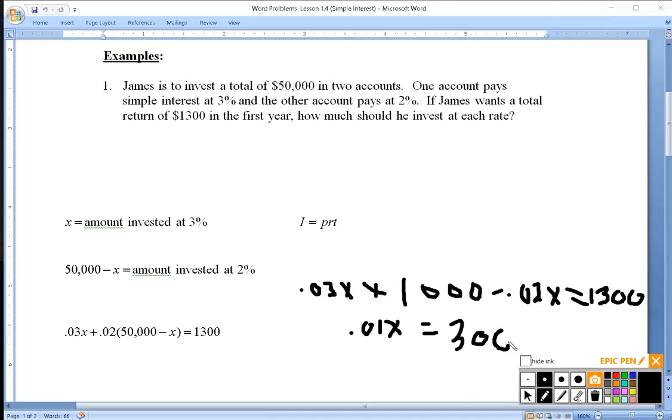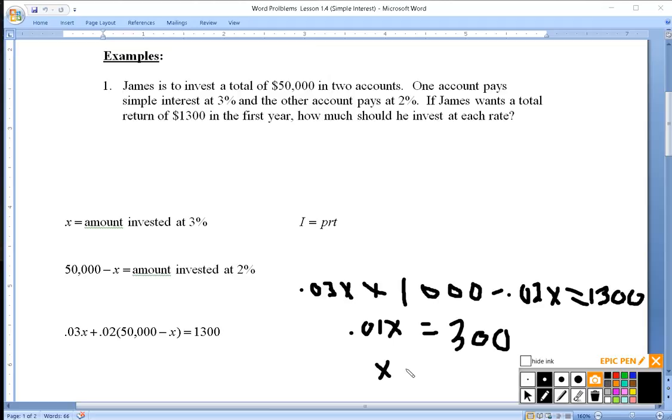Okay, so now to isolate the x, I want to make that 0.01 a 1. So I can have 1x or just x. So one way to do that is to simply divide both sides by 0.01. So if I divide the left side by 0.01, that would just leave me x, because 0.01 divided by 0.01 would be 1.